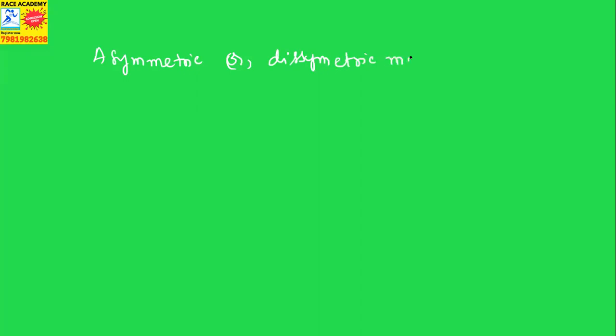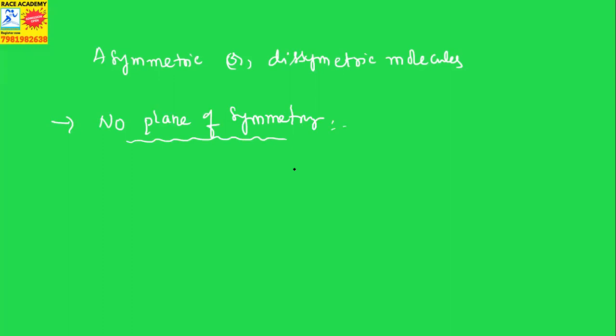Symmetric molecules. Here one point to be noticed is that there should not be any plane of symmetry. For example, this is a symmetrical structure.